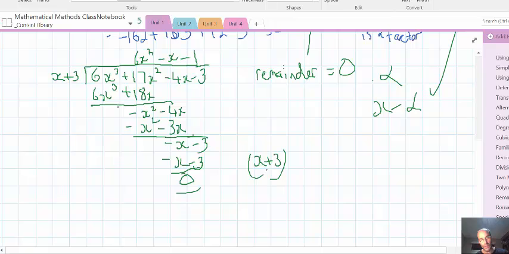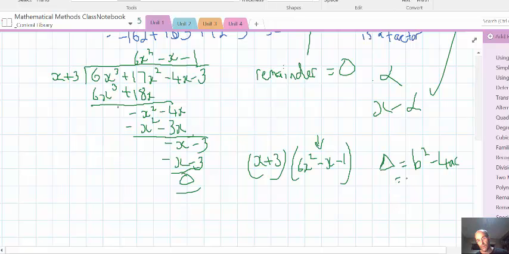So at the moment we've got x plus 3 times 6x squared minus x minus 1. Now we need to see if that will factorize. One way of doing it is looking at the discriminant, which is b squared minus 4ac. That's negative 1 squared minus 4 times 6 times negative 1.